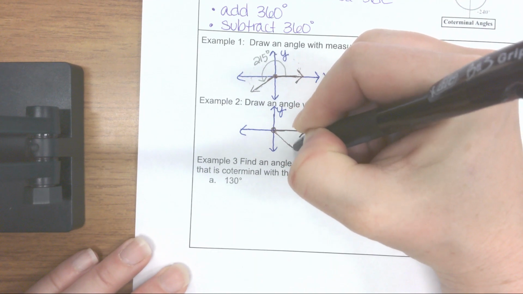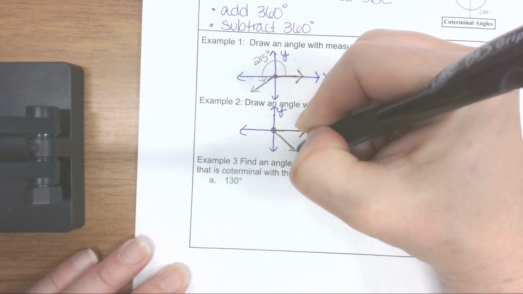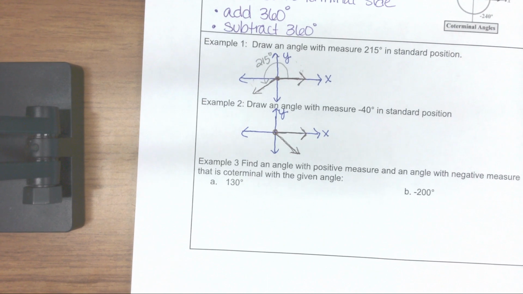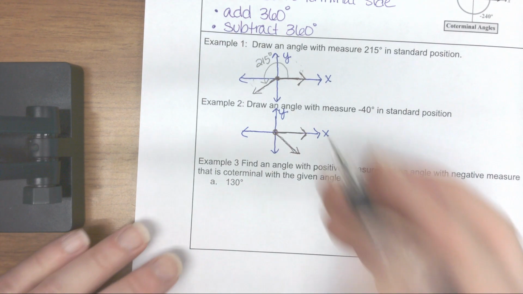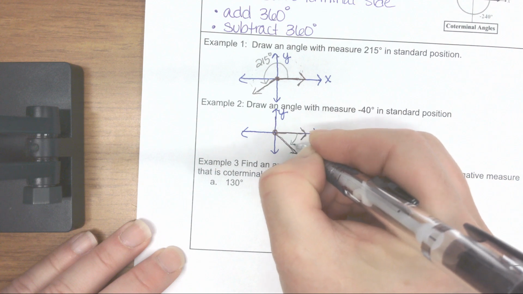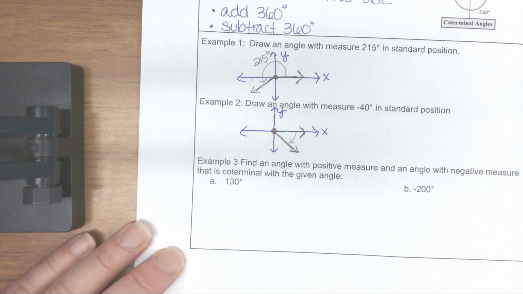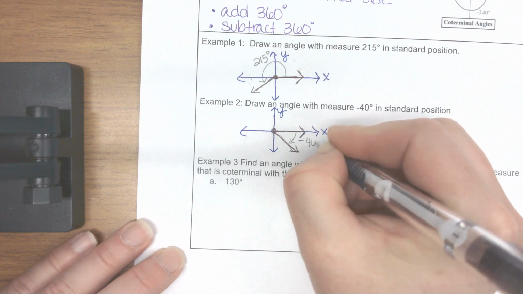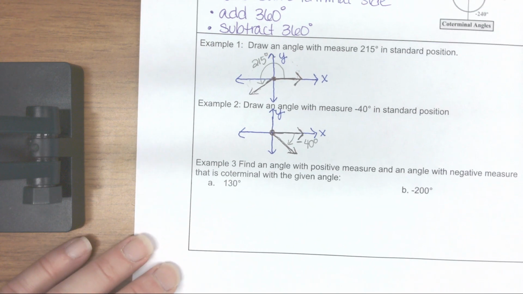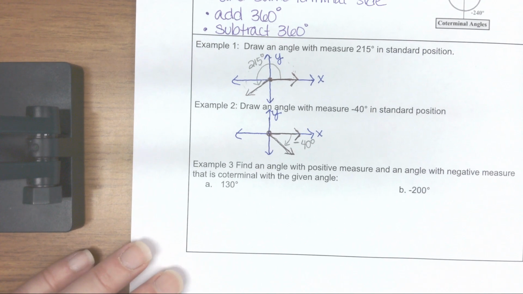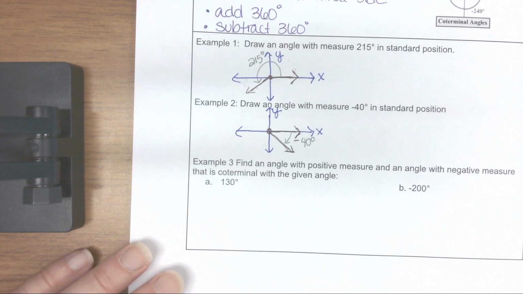So we're going to make our terminal side right here. And I like to do the arrow. I draw the direction, so we went that way. And how far did we go? We went negative 40 degrees.